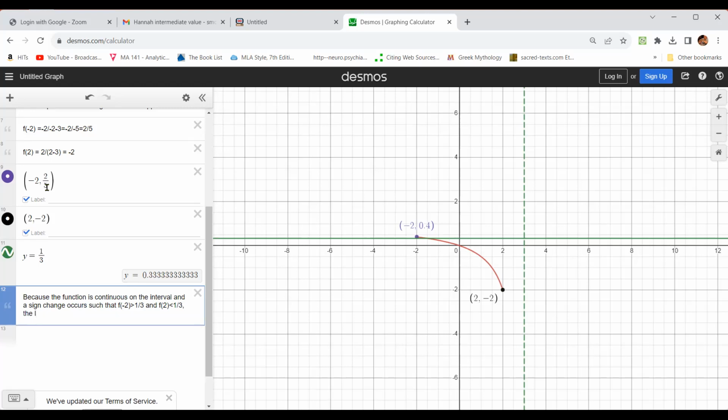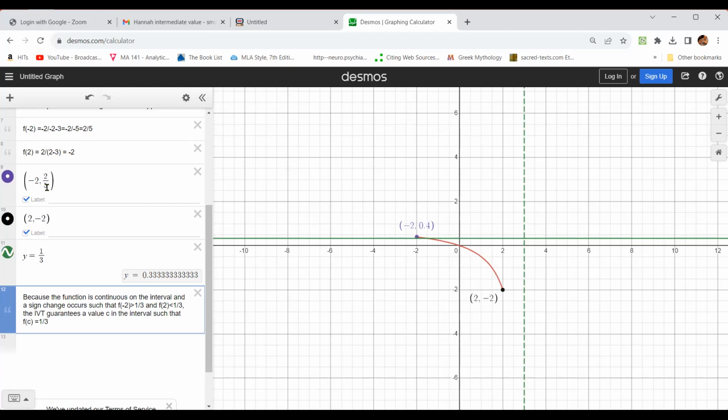The IVT guarantees a value C in the interval such that f of C equals 1/3.